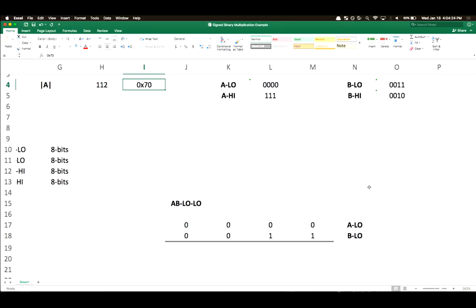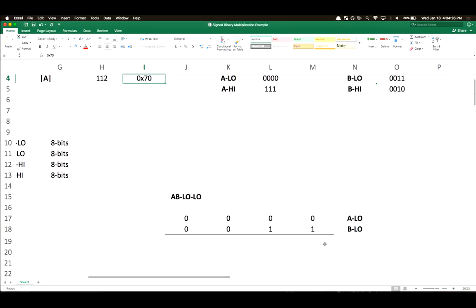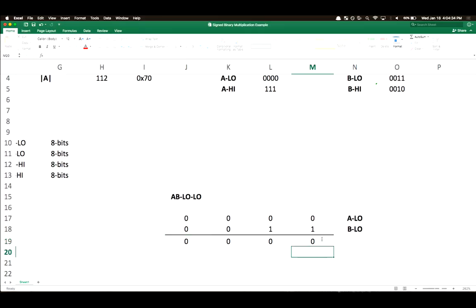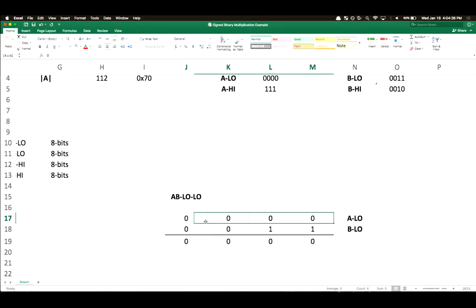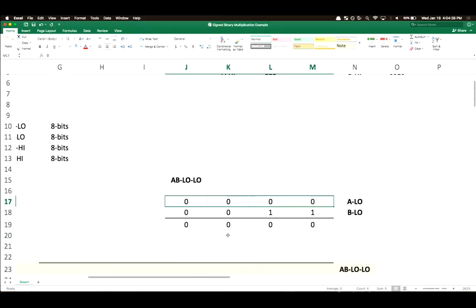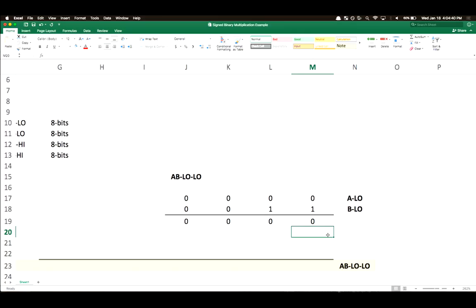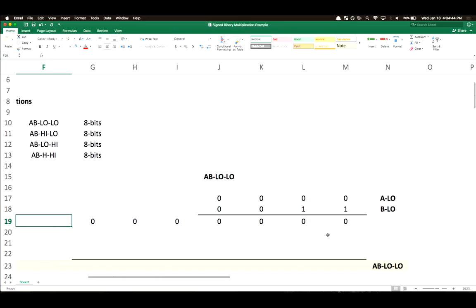Going through this, it's just like regular binary multiplication. Since this is all zeros, we're going to get zeros at the end. So I'm just going to write all zeros, or 8 bits. 1, 2, 3, 4, 8. So that's the result that we're going to get.